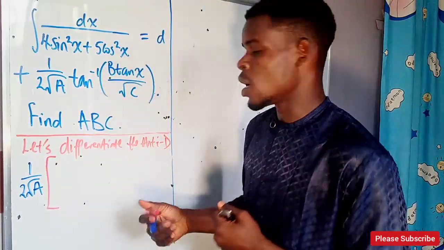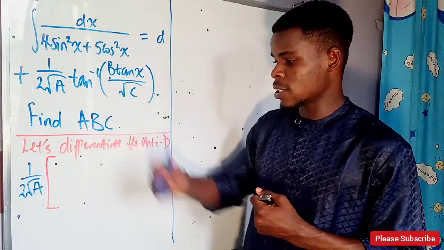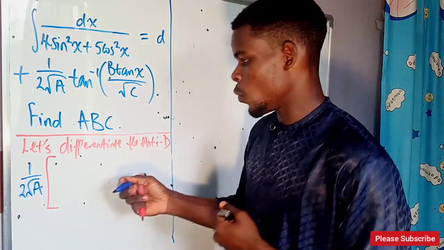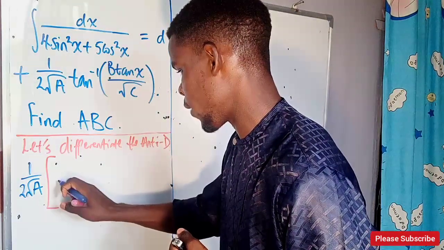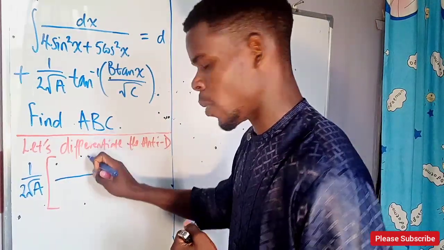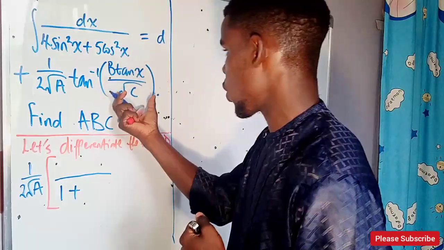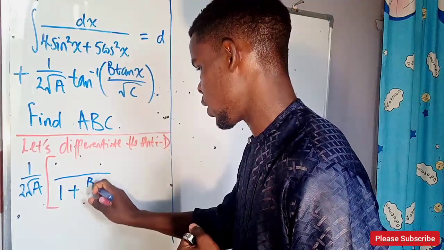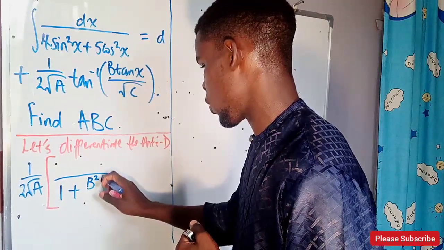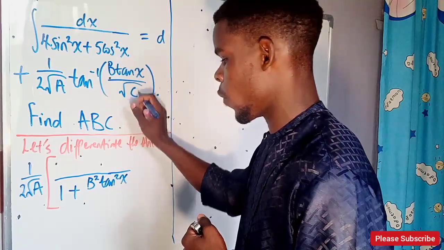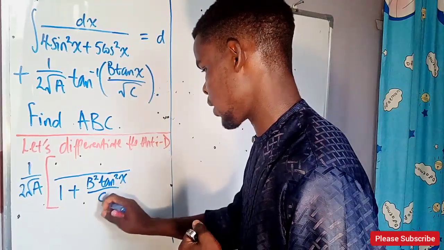We notice this is an inverse tangent function. When you differentiate inverse tangent of an angle, we will have something of this form: 1 over 1 squared plus the square of this inside, which is b squared times the tangent squared of x, divided by the square of the square root of c, which is in fact c.